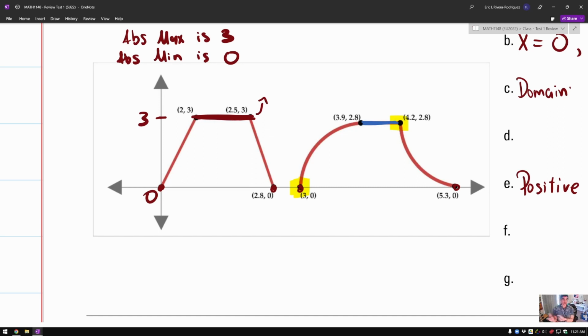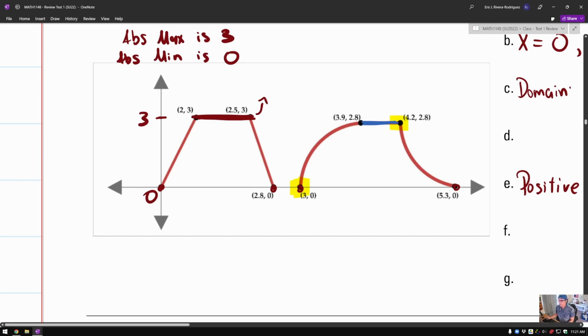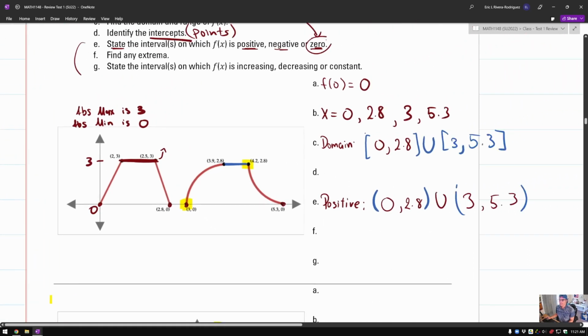Just use the y values. The x values are going to give you only the location of those points. But in my class, I'm going to ask only for the values. So keep that in mind always. When we are looking for extreme values, y values only. Okay? Any question?